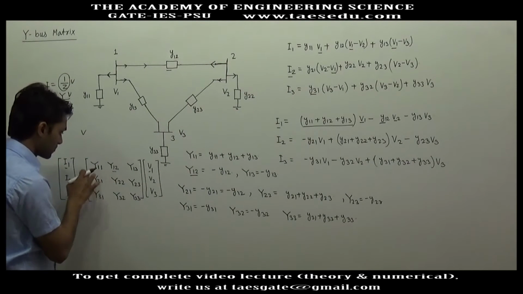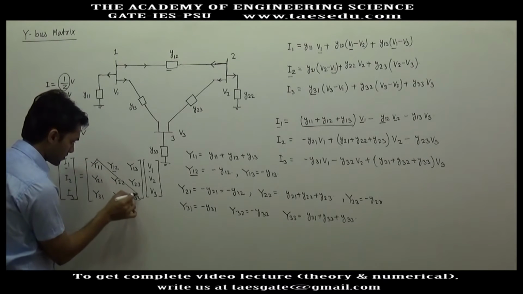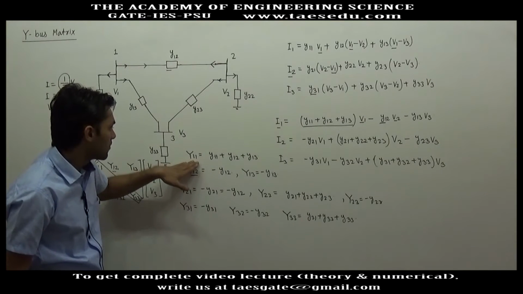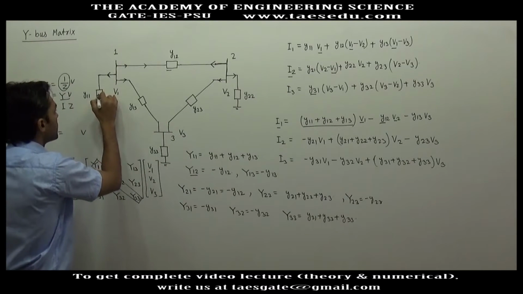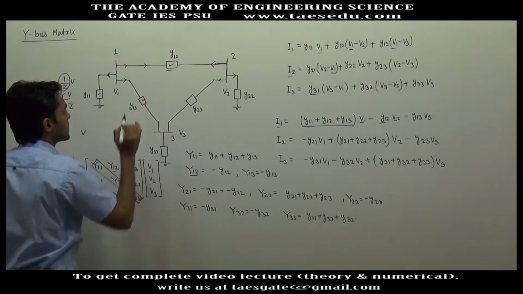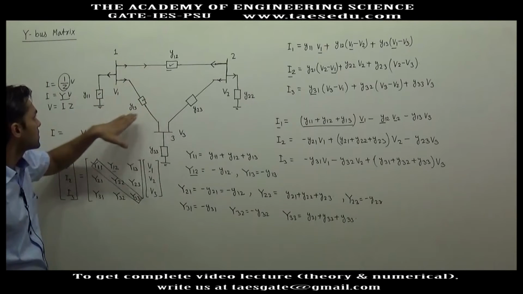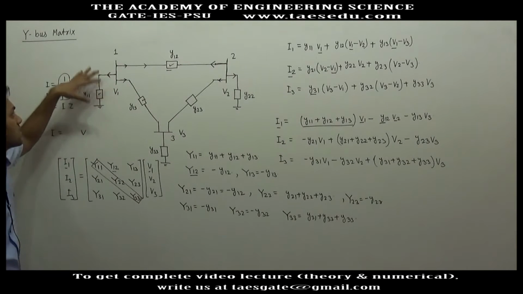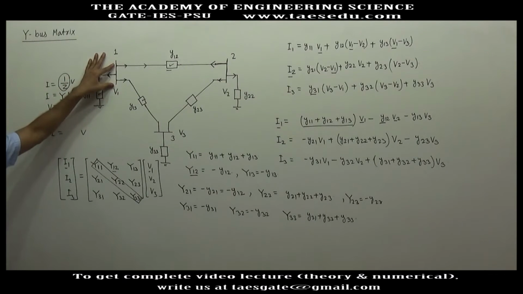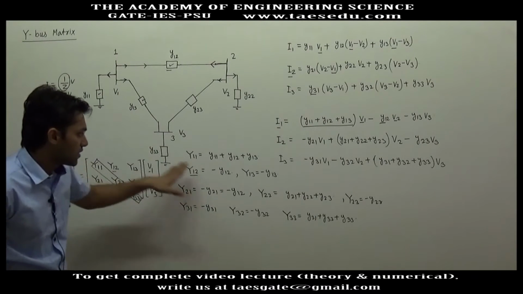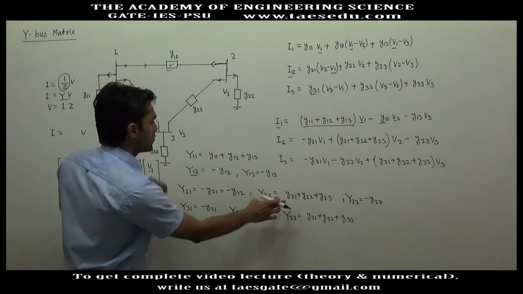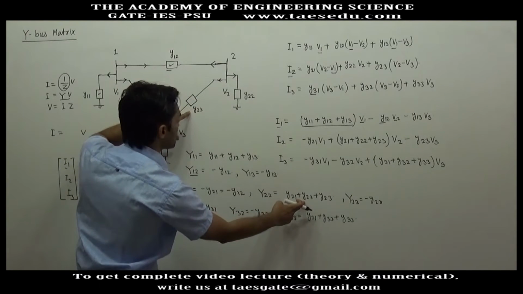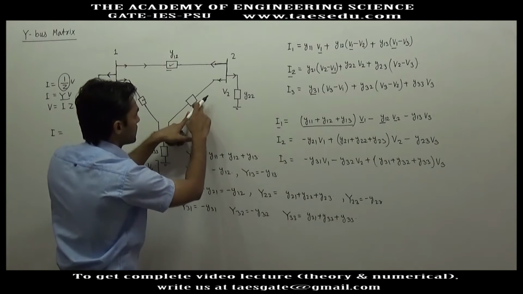If you observe, what is a diagonal element? Capital Y11 is this admittance plus this admittance plus this admittance: all the admittances which are connected to bus 1. Capital Y22 is this admittance plus its shunt admittance plus this admittance.